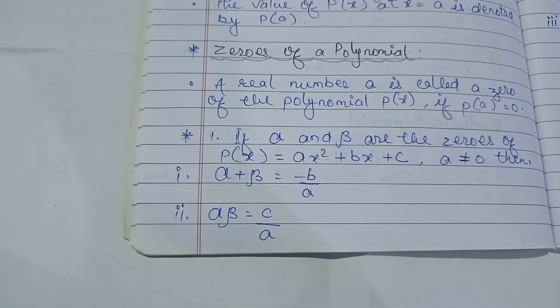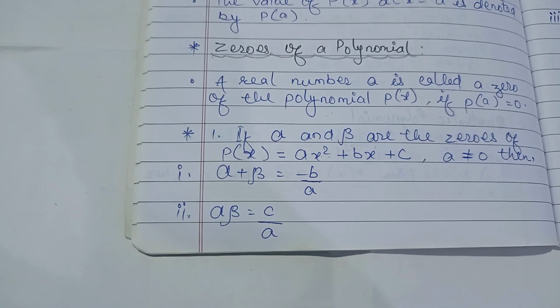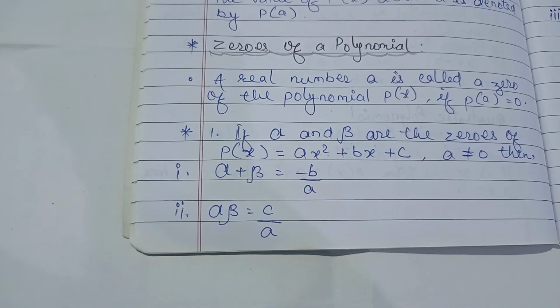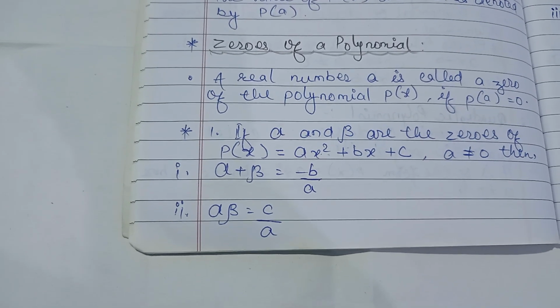The next important thing is the zeros of a polynomial.